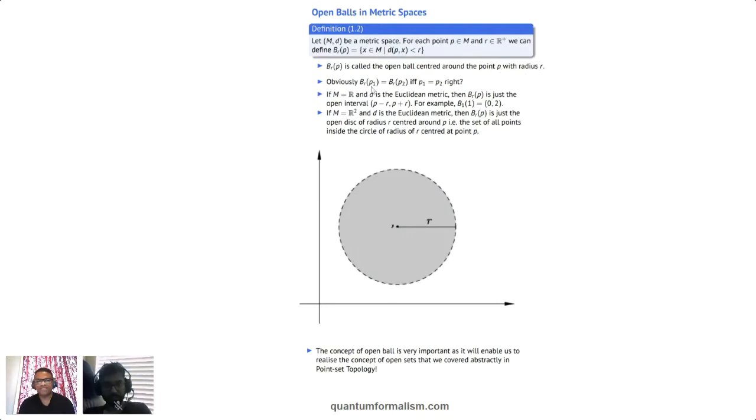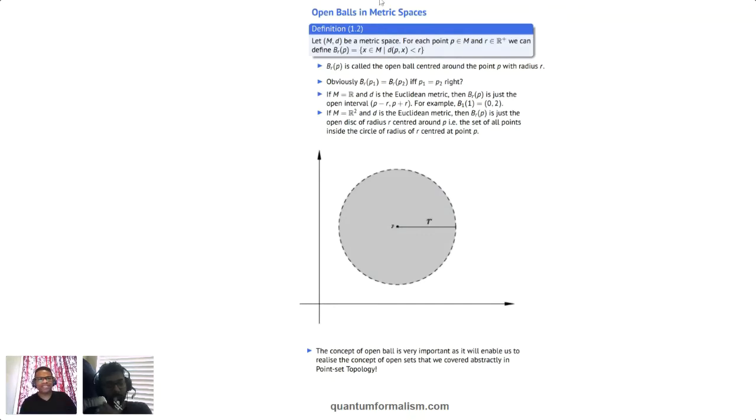Okay. So obviously, we have this property. I hope you can see this: B_R of P1 equals B_R of P2 if and only if the two points are equal. So you cannot have an open ball with the same radius centered at two different points. This is actually very interesting. It's already hinting at something. So you can separate points with open balls.